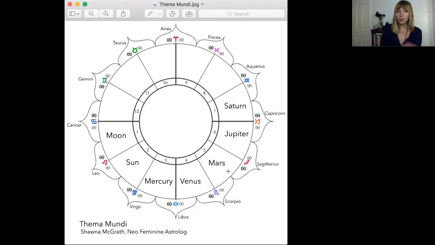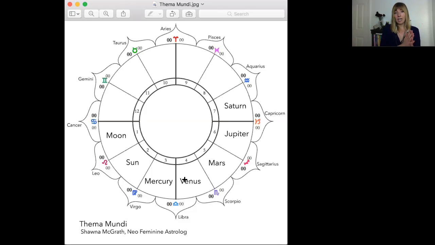The other thing that you'll notice when you're looking at this is that it goes in order of speed of the planet and distance from the sun. So Mercury never gets more than one sign away from the sun before it turns retrograde. And Venus, a little further out, never gets more than 2 signs away from the sun, so it's 1, 2 away before it also turns retrograde.